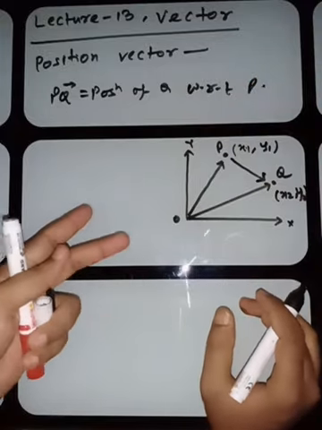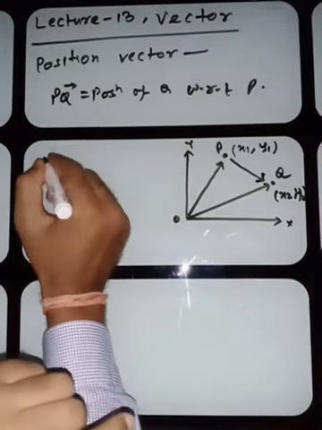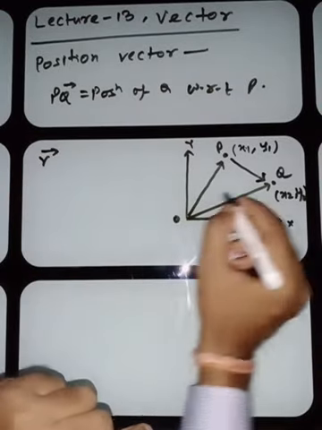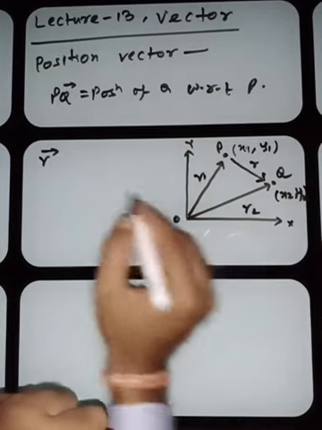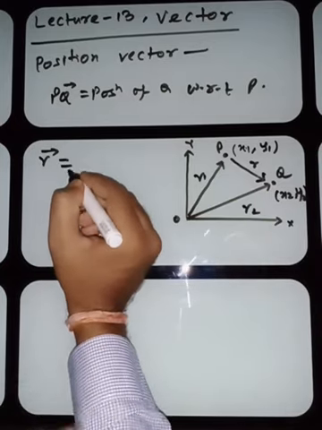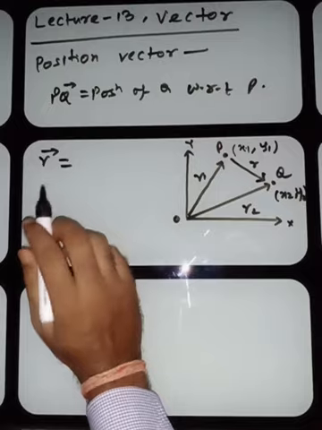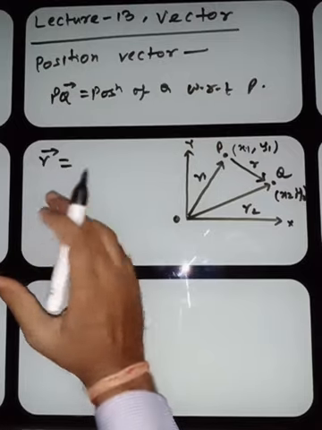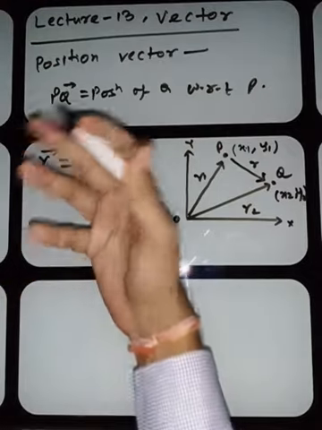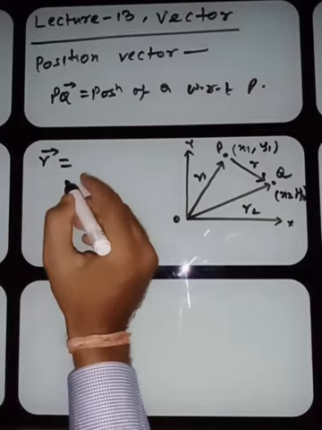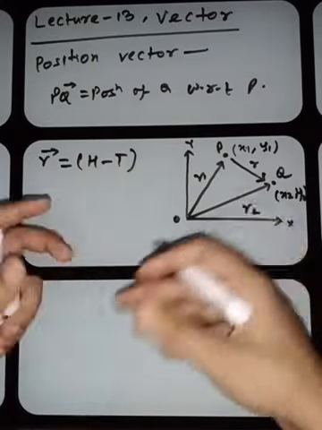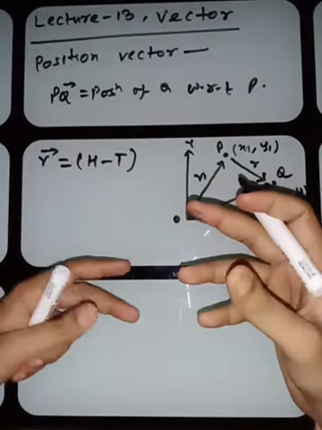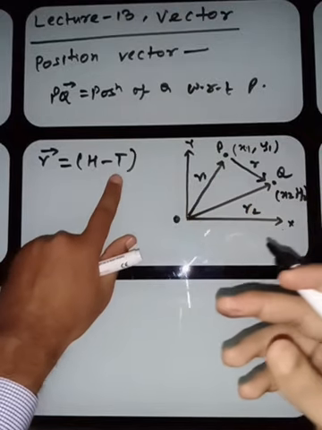So the shortcut I'm giving you, remember: this was R1, this was R2, and R is the required result, what you have to find. So R must be written as head minus tail. Remember, you can write it directly without using the triangle law.